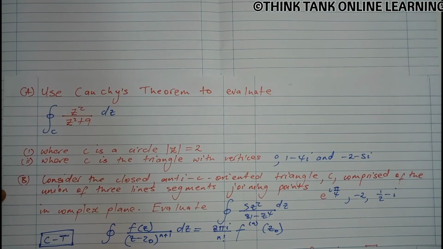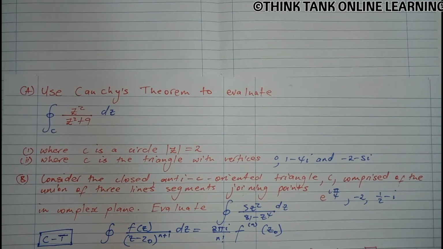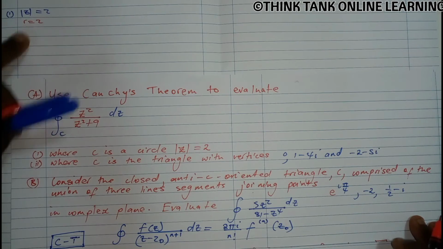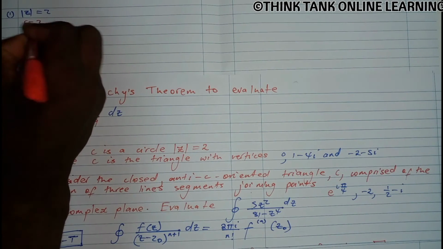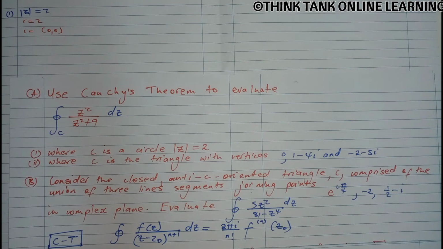So what about the center? This is the same as saying z minus 0, so the center is equal to (0, 0). Before doing something crazy, I'm going to start by drawing this circle.